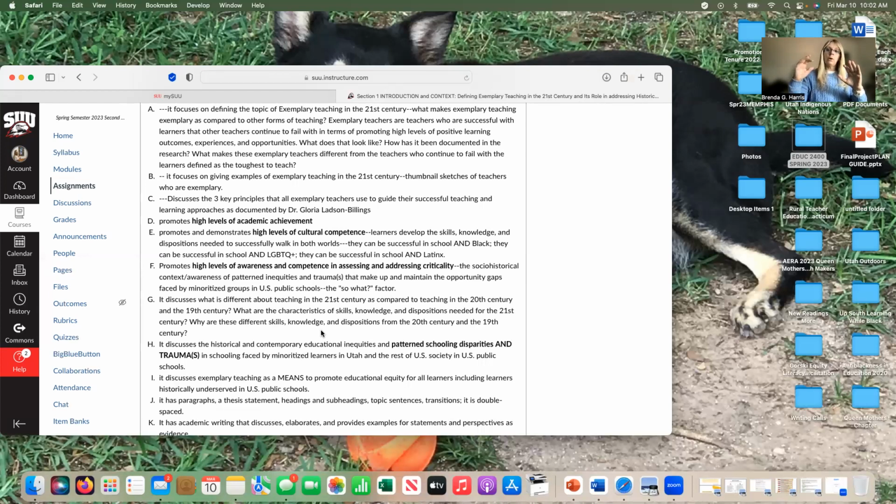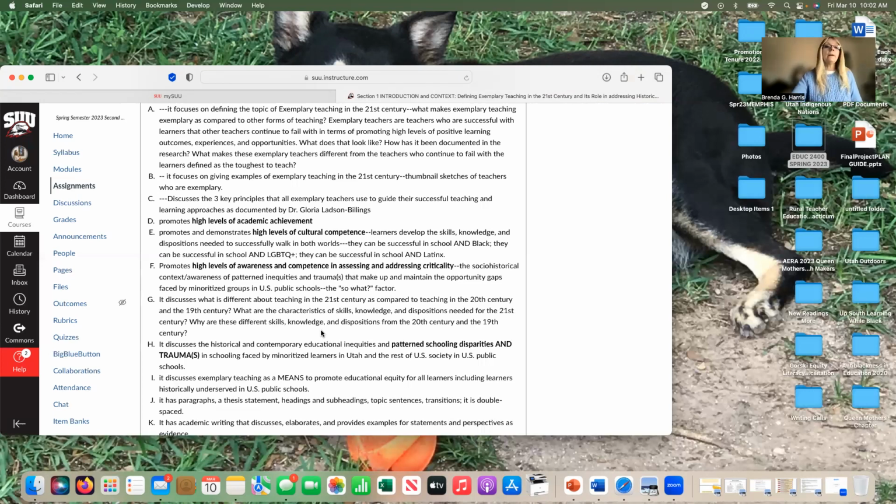Public schools are supposed to provide educational equity, but there are all these disparities and the pipeline is leaking. So educational equity is supposed to be fostered by exemplary teaching. So if that's been our goal since public schools were developed as part of the common school movement, and they never have done that, that means we need a different kind of teaching, right?